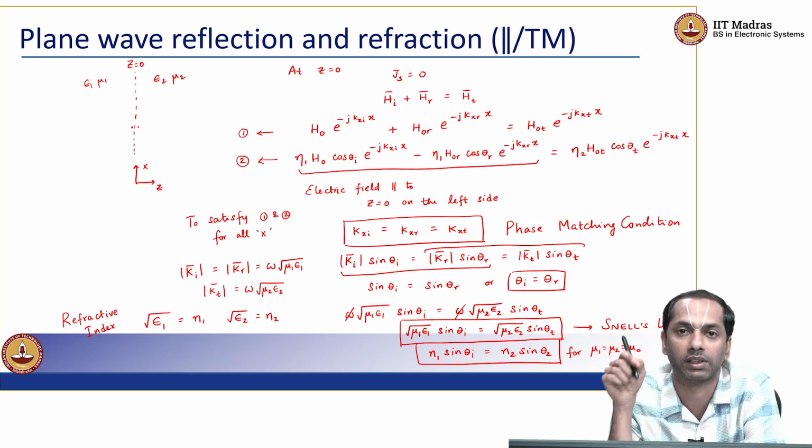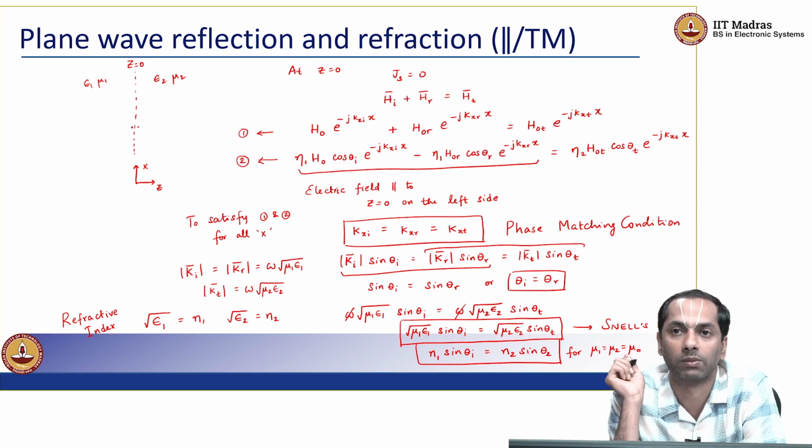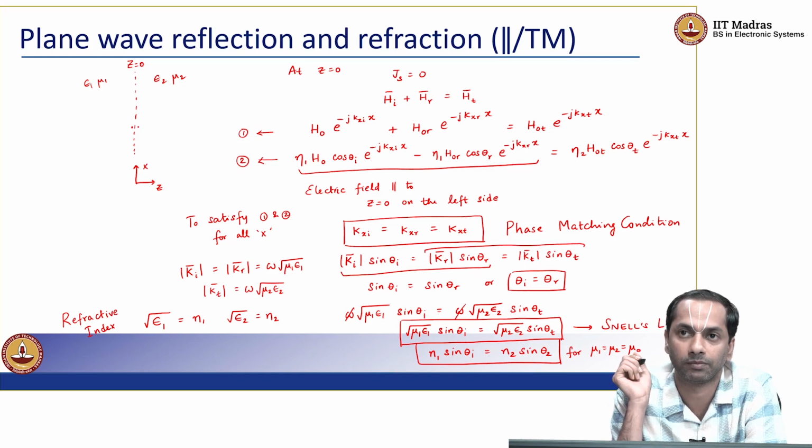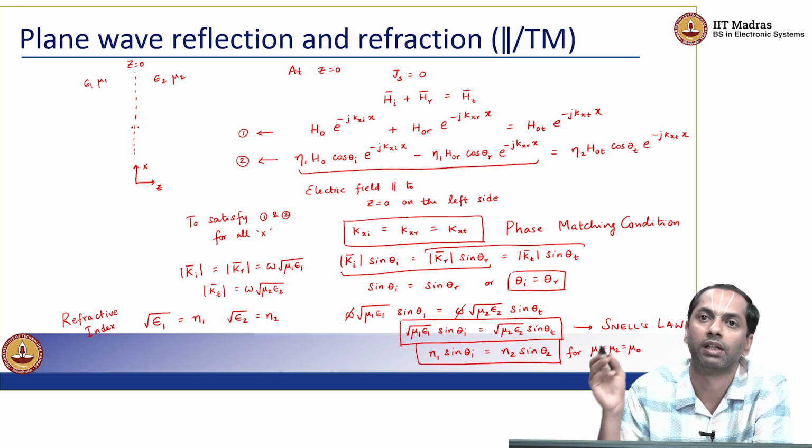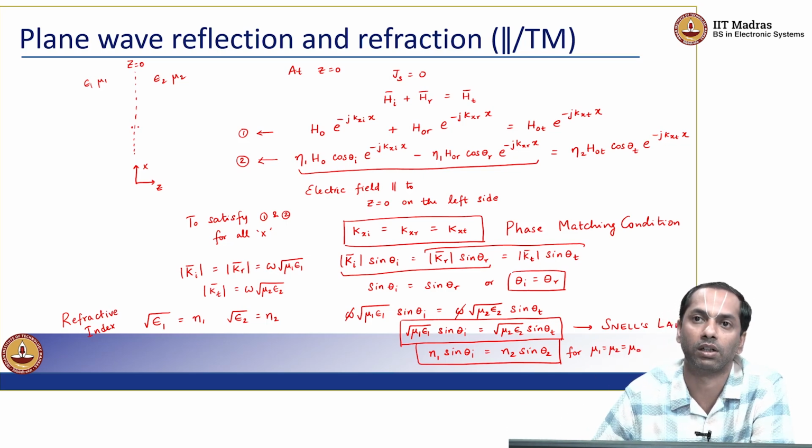You know the derivation, you know how it is related to your Maxwell's equations. It essentially comes from a phase matching requirement at the boundary. Okay. So, all that is left is to understand the amplitudes, which is new territory. I need to understand what is H0r and H0t.